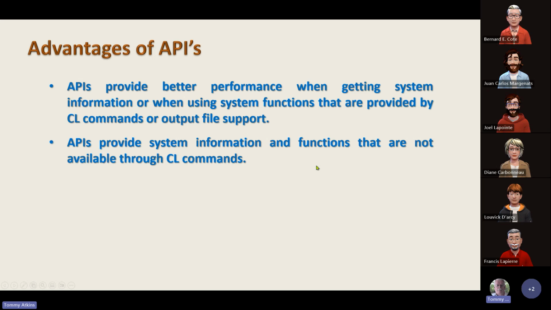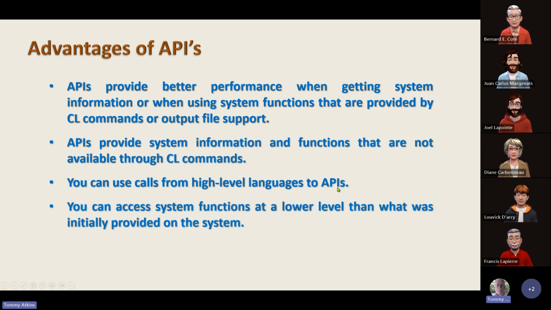They provide system information and functions that are not available elsewhere. I'm actually repeating myself here. You can call an API direct from a high-level language, and you can access system functions that are lower level than was initially provided on the system.